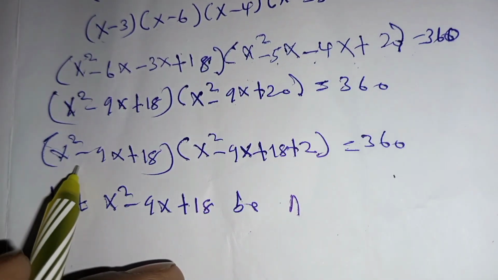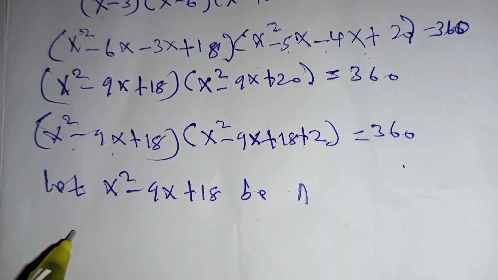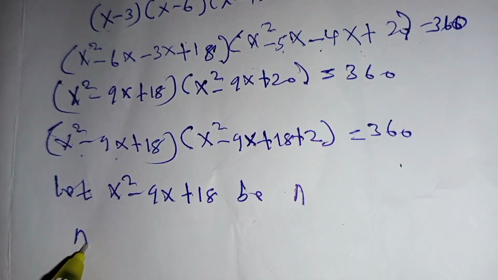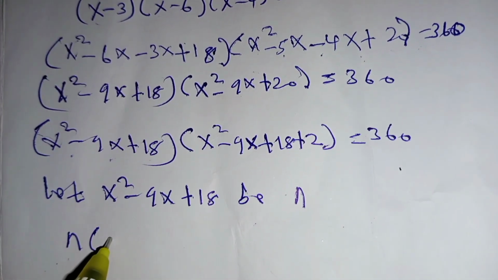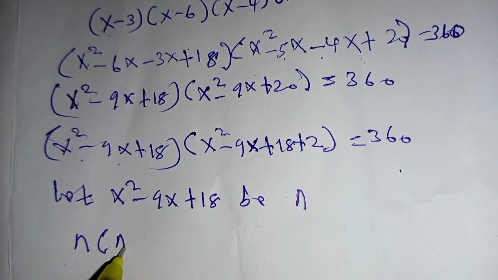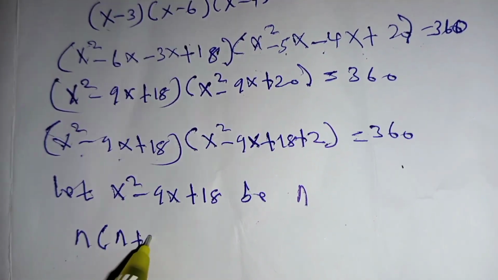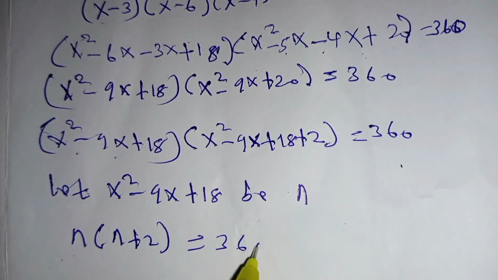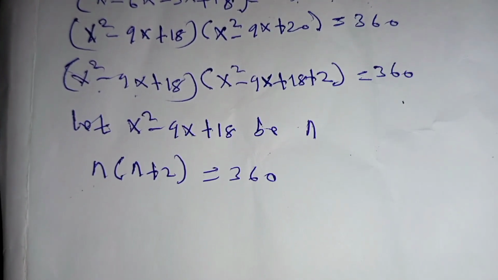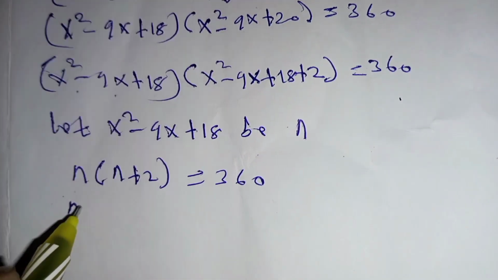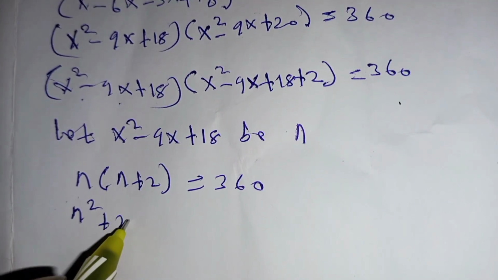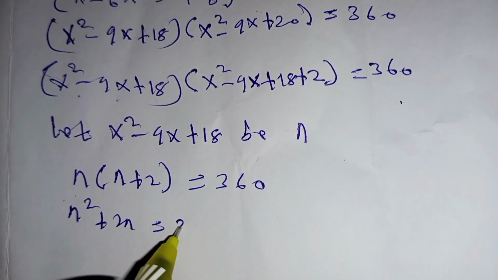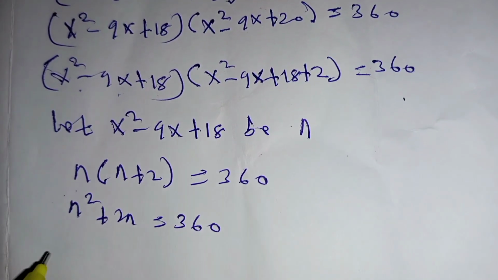So where we have x squared minus 9x plus 18, we substitute with n, bracket n plus 2. This part here is equal to 360. Then we expand. n times n is n squared, plus 2n. This is equal to 360.